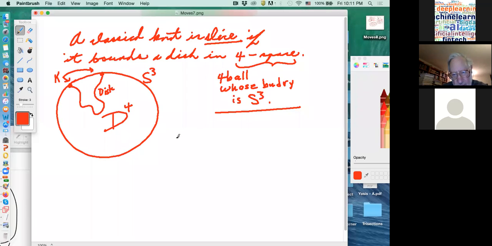So let's look at an example. It's a trefoil knot. Here's the mirror image of a trefoil knot. I'm going to take their connected sum.